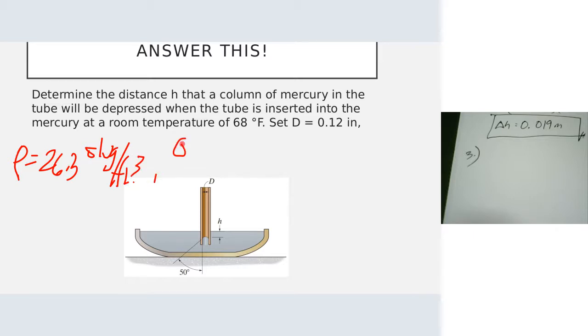Tapos gamma 31.9 times 10 raised to negative 3 pound per foot. These are the given.